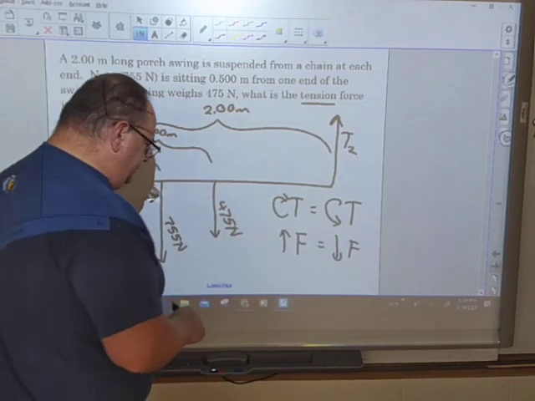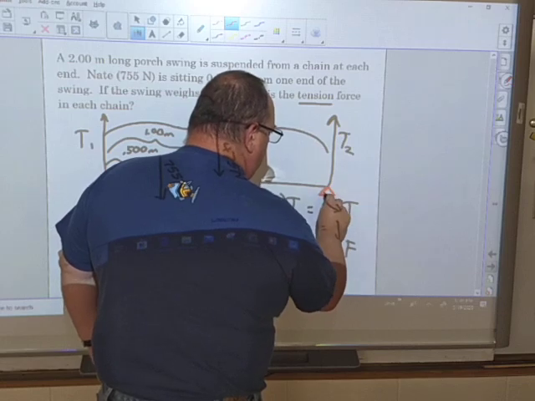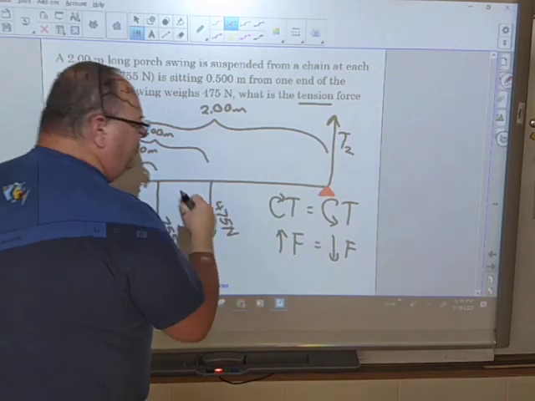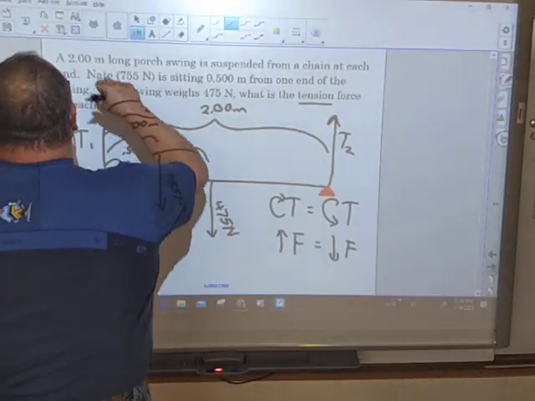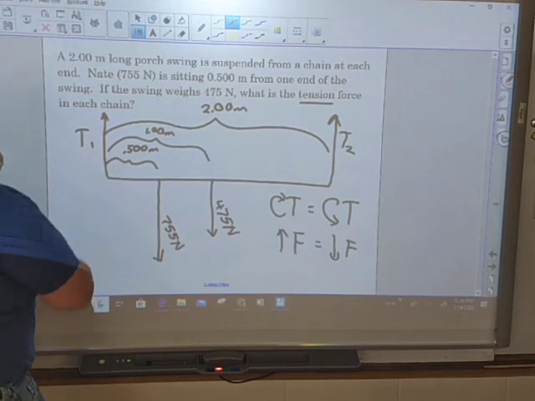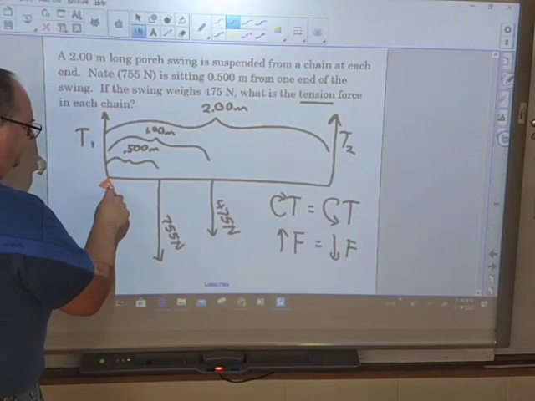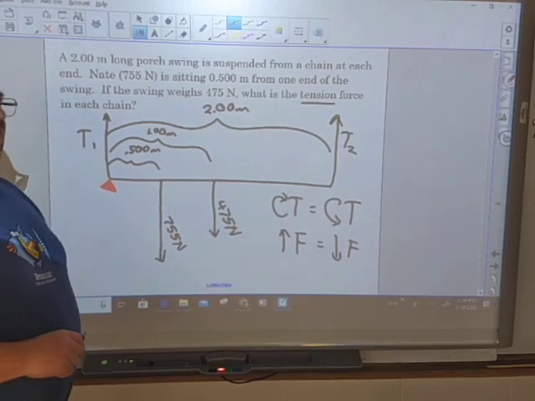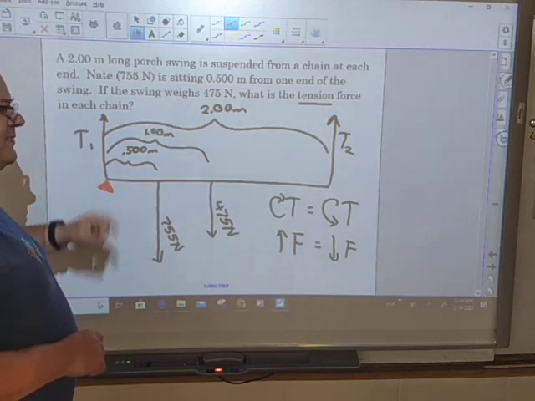All right, let me show you. I'm going to go ahead and put my pivot over here. I drew my distances relative to this end, so I'm going to imagine my pivot here. If my pivot's here, what is the torque caused by this chain?